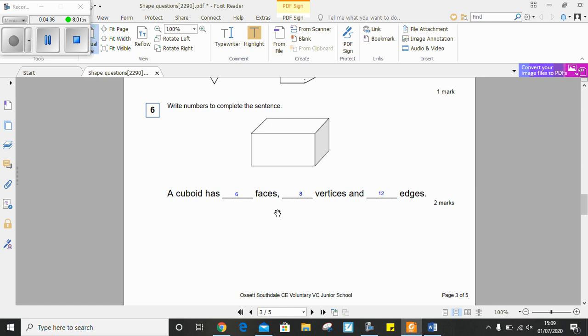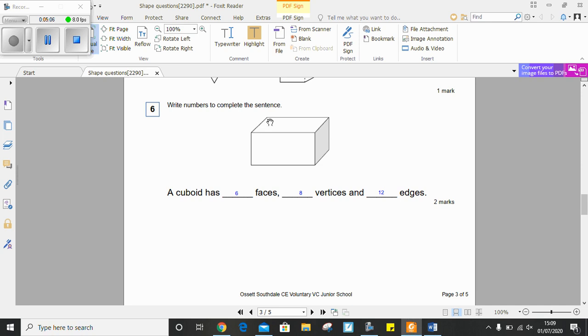So write numbers to complete the sentence. A cuboid has, I've counted, 1, 2, one on the other side, 3, one at the bottom, 4, 5, 6, one at this side as well, faces. It has 1, 2, 3, 4, 5, 6, 7, 8 vertices. Again, I'm picturing those ones that are behind the shape that I can't see.